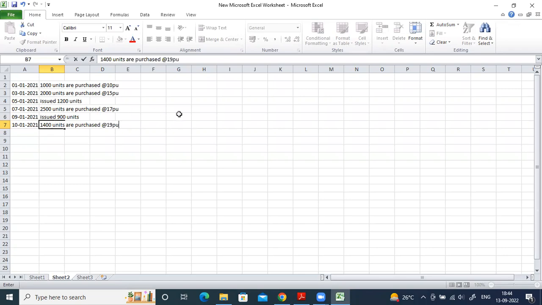Now try to understand. A company purchased the first 1000 units on 1st January, then purchased 2000 units on 3rd January, and they issued 1200 units on 5th January, and again on 7th January they purchased another 2500, like this. Now we try to compute using the first in, first out method. So how exactly should we record?